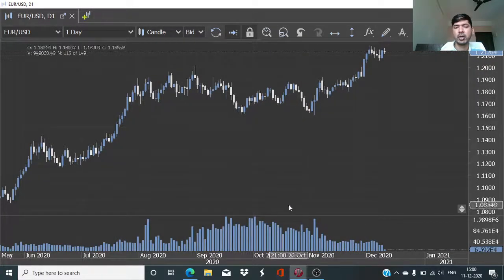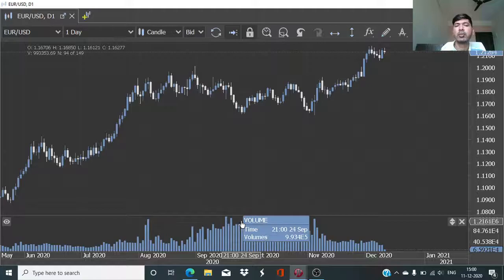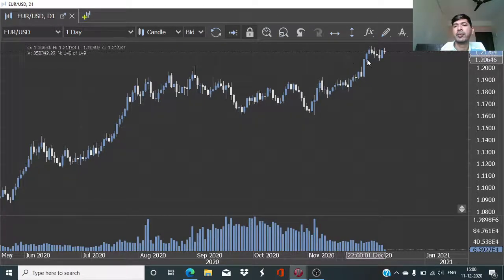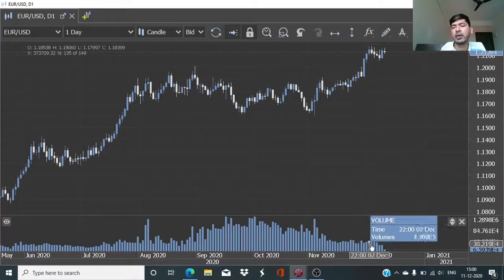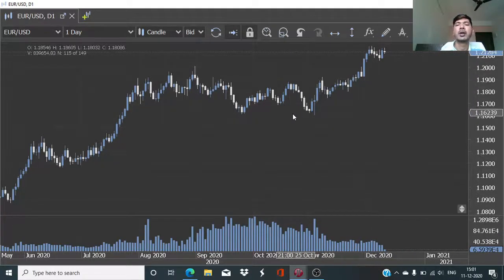And here, this consolidation phase also had a high volume, and eventually we had the break above it. Now the volume is dipping, as you can see that after these gains, we are not really seeing big volume in the USD's daily time frame chart, and this might be the indication that many people think the rally has been quite red hot, and this might be the time it might cool off to some extent.